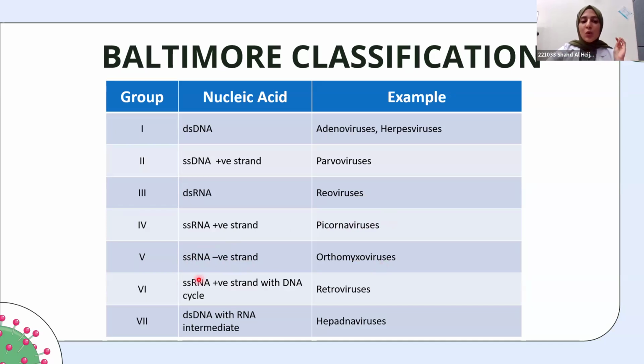Then we have single-stranded RNA, positive strand with a DNA cycle, retroviruses. So what enzyme do they have? They have the reverse transcriptase enzyme, which is RNA-dependent DNA polymerase. Those are the retroviruses. And finally, we have double-stranded DNA with RNA intermediate, which are the hepadnaviruses, such as hepatitis B. Now, those are the major classifications. You need to know the examples of which viruses are in each group.